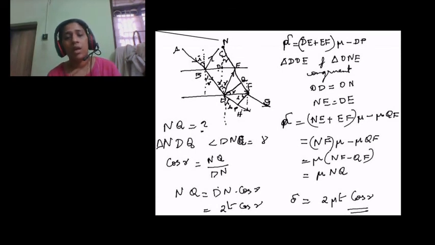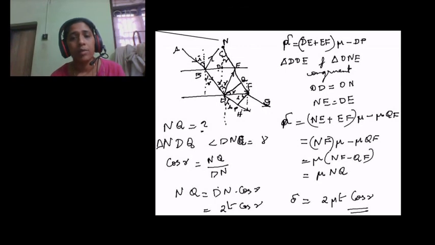That NQ has to be calculated from the cosine expression from the triangle NQD. Consider the triangle NQD, where angle DNQ is equal to R, and cos R is equal to NQ divided by DN, adjacent by hypotenuse.